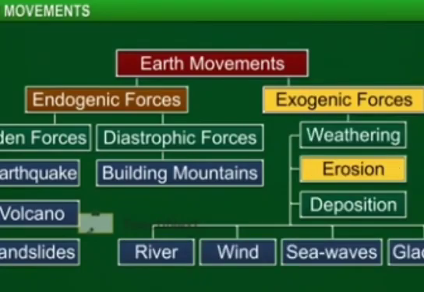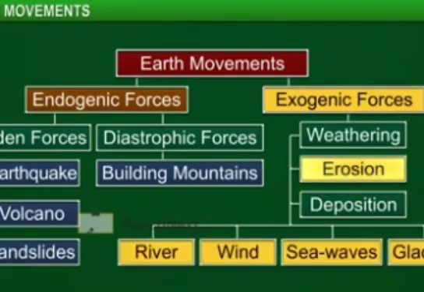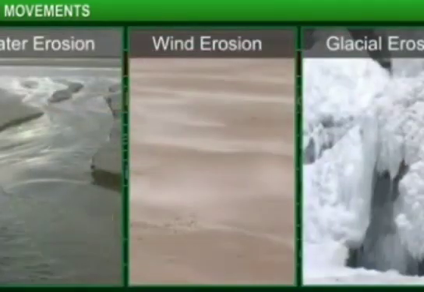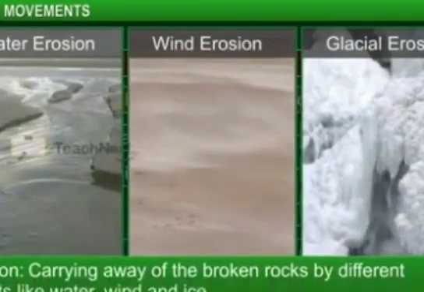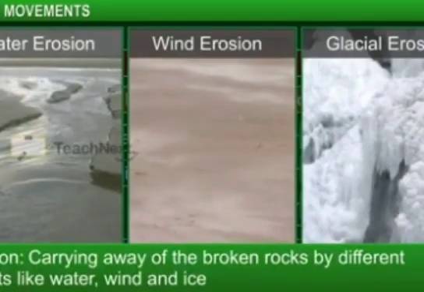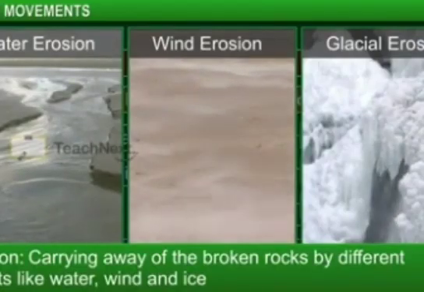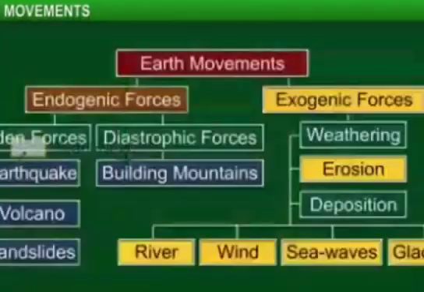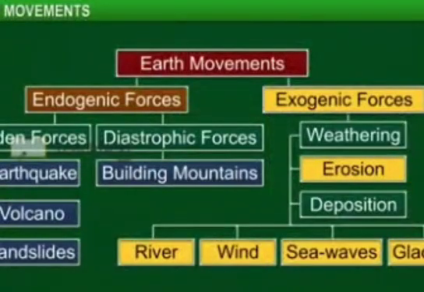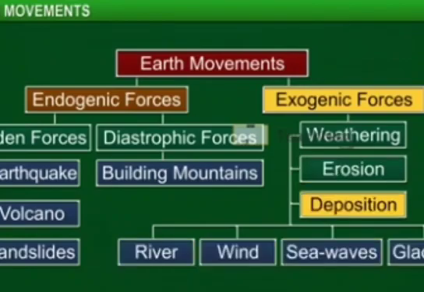Erosion occurs when the same agents carry away the broken rocks to other places. Finally, let's look at the process that leads to the rebuilding of the Earth's surface. Deposition.